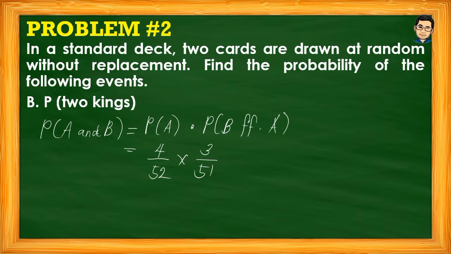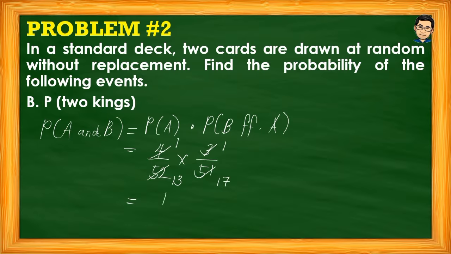Then, from 52, total, magiging 51 na lang. So, simplify natin. 4 will become 1. 52 will become 13. The GCF is 4. Then, dito naman, 3 tsaka 51, divisible sila pareho sa 3. So, 3 will become 1. And then, 51 will become 17.